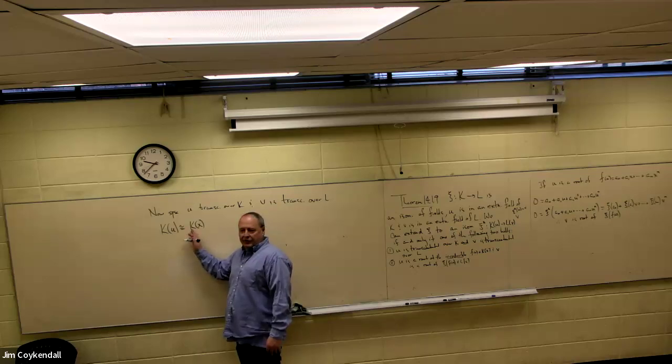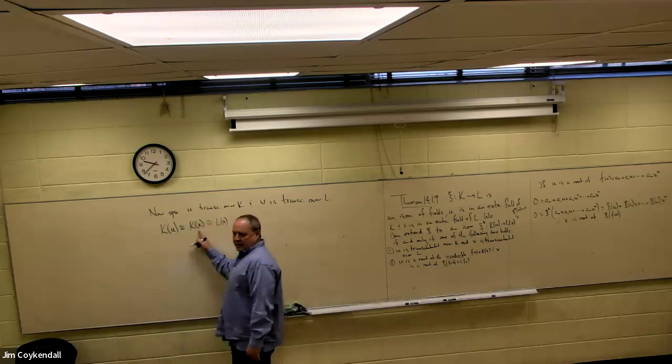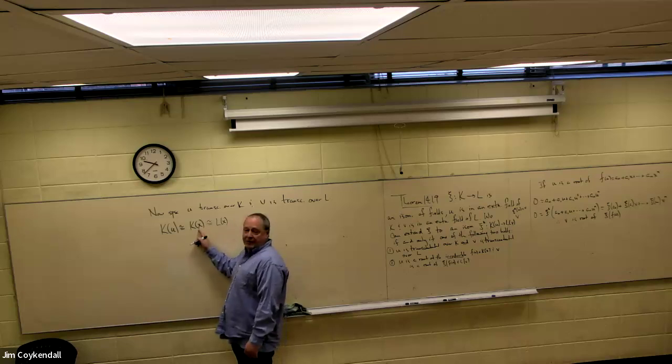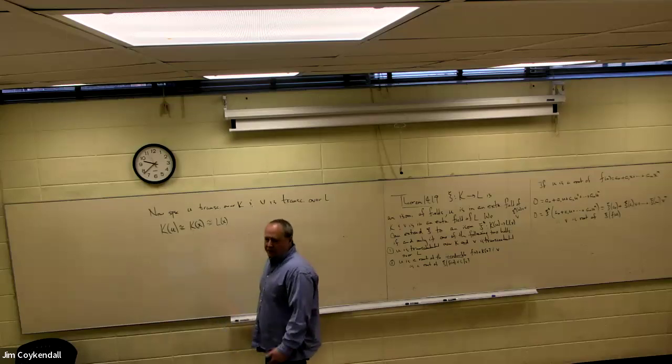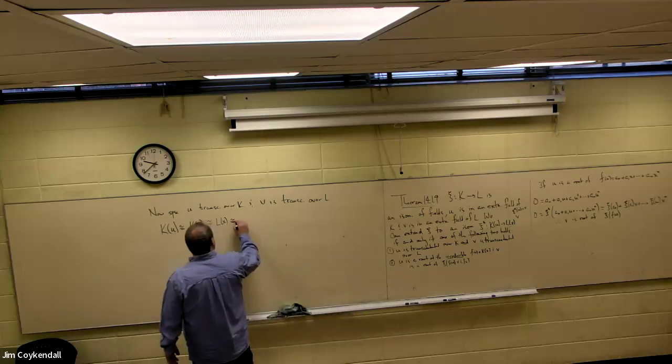So rational functions over K is isomorphic to rational functions over L. And the isomorphism is just basically using your tilde to take the coefficients in K to the coefficients in L in the rational function, right? And this is isomorphic to L(v).